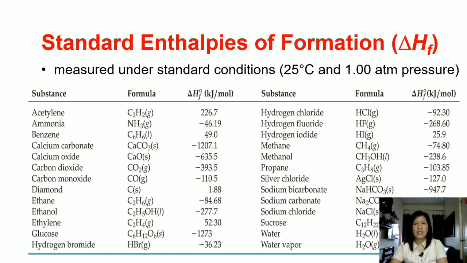The standard enthalpy of formation of carbon dioxide is negative 393.5 kilojoule per mole. Water, we have water vapor, we have methane, methanol, benzene, ammonia. I will be flashing this if there is a need for the constant enthalpies of formation.